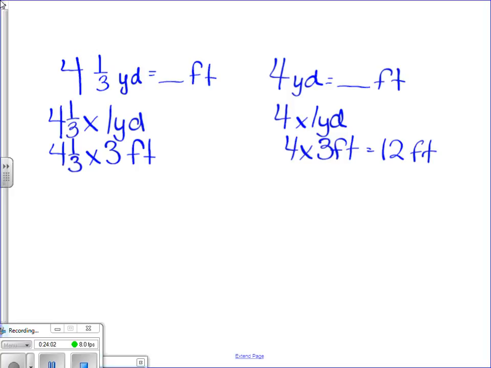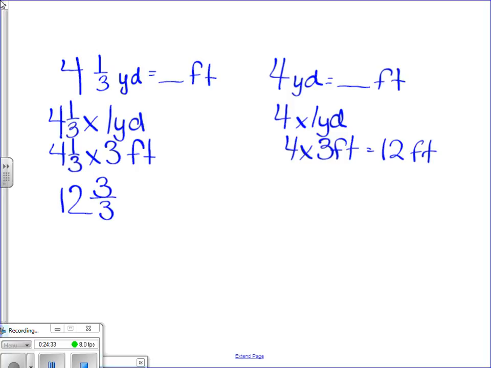So I multiply the 3 times the 4 and the 3 times the 1. Do I multiply the 3 times the 3? No. I just leave it alone, because it's the same thing as repeated addition. So 3 times 4 is 12. 3 times 1 is 3.